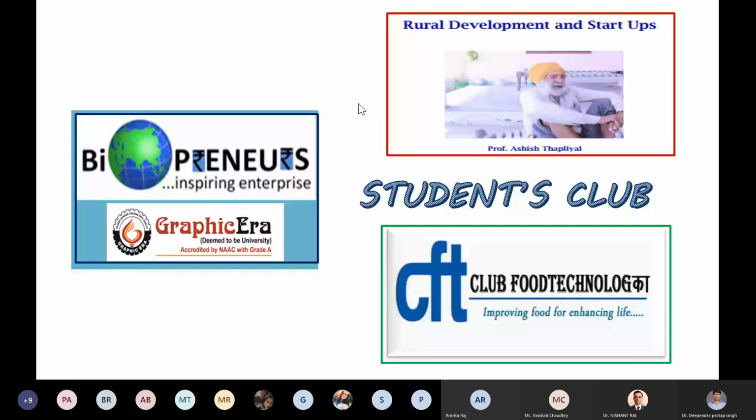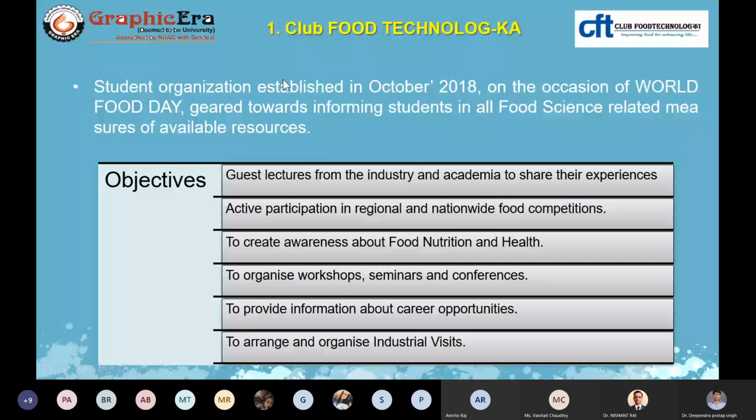The Food Technologica Club is a student organization which was established recently, in October 2018, on the occasion of World Food Day. The formation of the club was basically for arranging lectures from industries in academia, so that industry persons share their experiences and requirements and make students aware of the technologies recently adopted in the food industry.